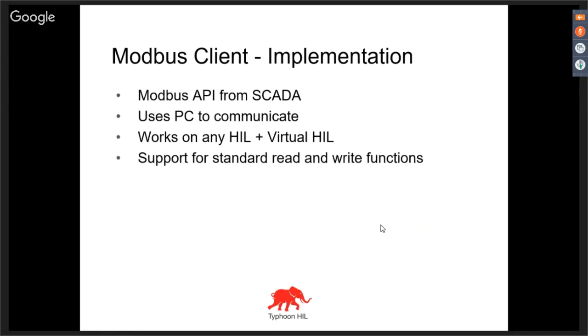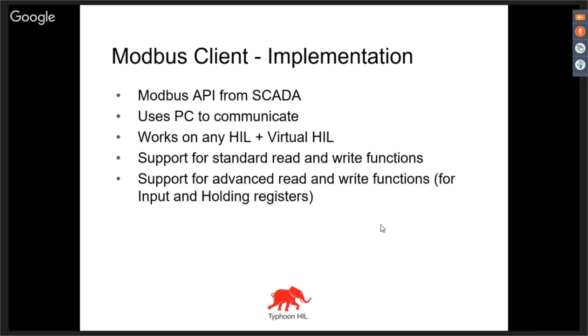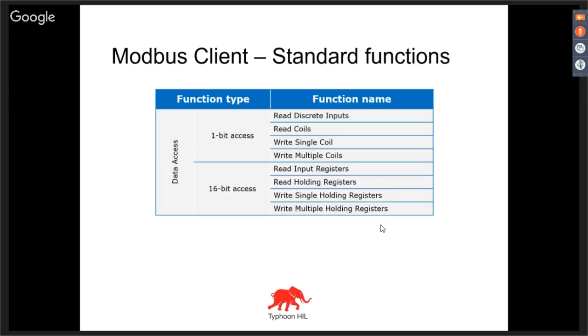Through the Modbus API, there is support for standard read and write functions, support for advanced read and write functions, and some additional functions for conversion, which we'll explain next. So standard functions are basically the standard functions defined by the Modbus protocol for reading and writing the values of registers.